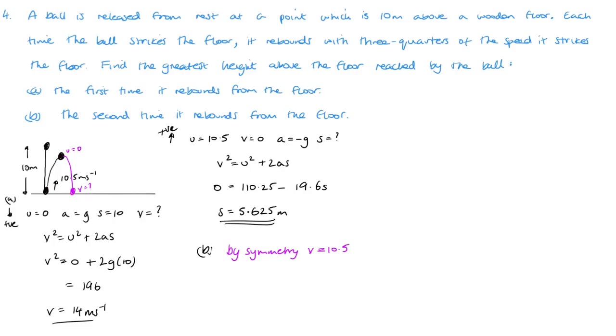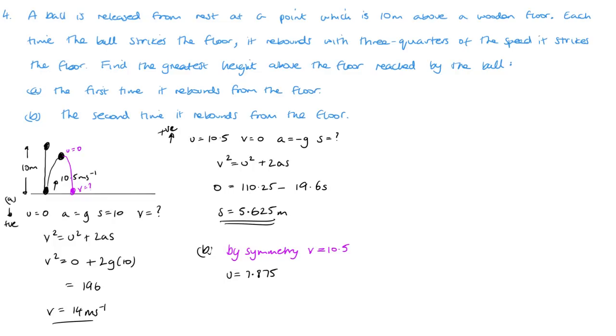So now I want to do 10.5 times 0.75, so our new U is 7.875.